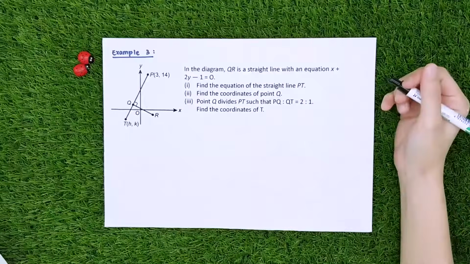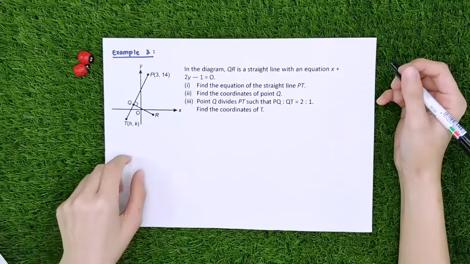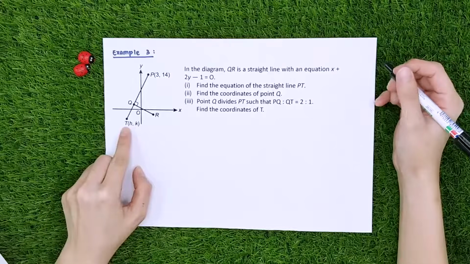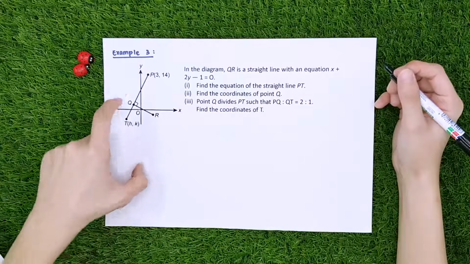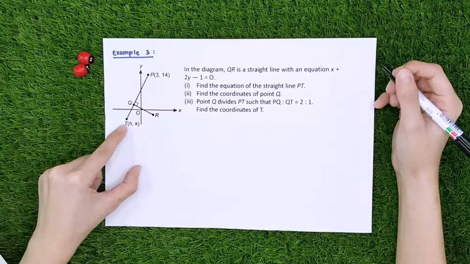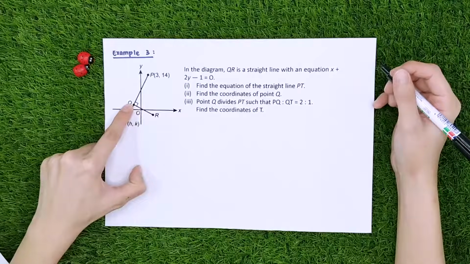Example 3. In the diagram, QR is the straight line of equation x + 2y - 1 = 0. Find the equation of the straight line PT. PT is here, and the question gives us the equation of QR. So now we have to find the gradient of QR.